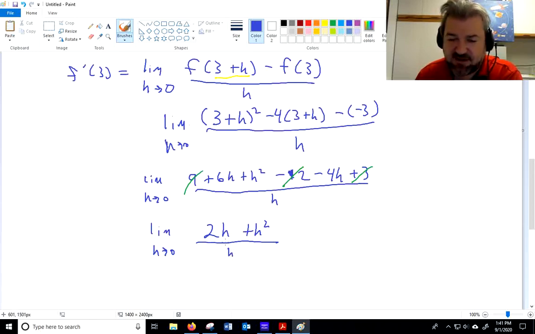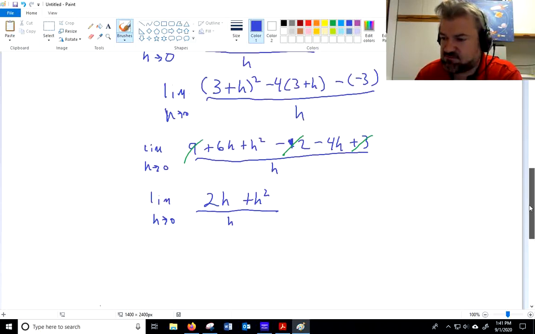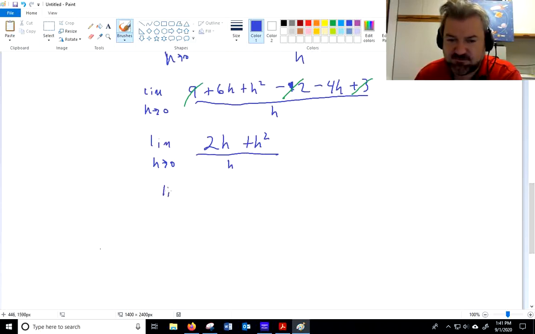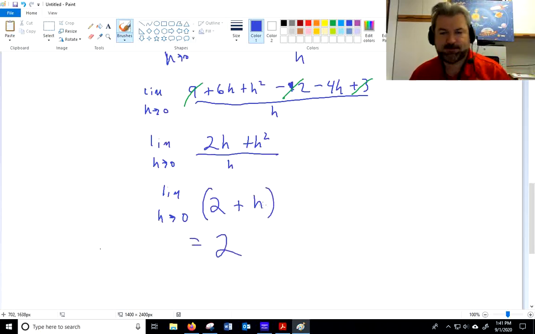Now that I have that, I can either factor an h out or simply, because it's a monomial, I can divide it into both terms, making this the limit as h goes to 0 of 2 plus h. Now I'll plug in 0 for h, and I get simply 2.